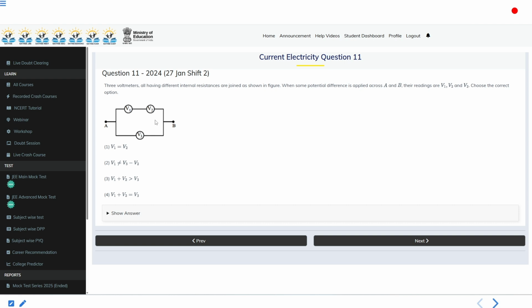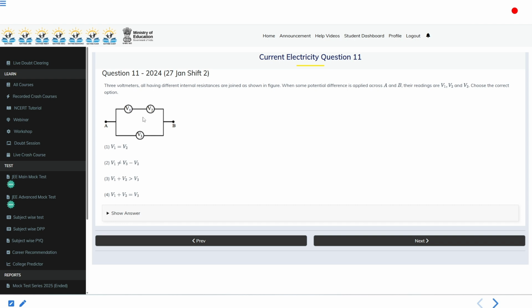Now we know that a voltmeter is always connected in parallel to a component across which the potential difference is to be found. But in this question they are connected in series, directly in the circuit.